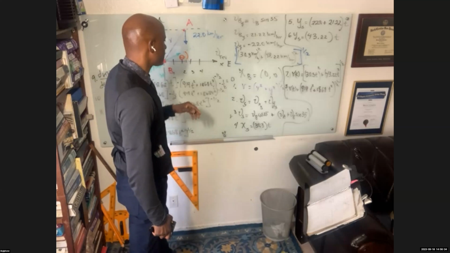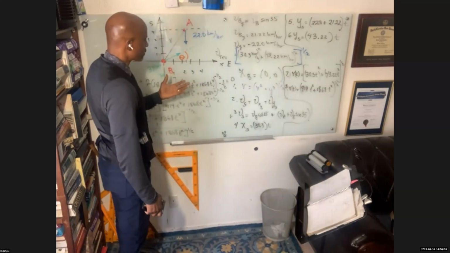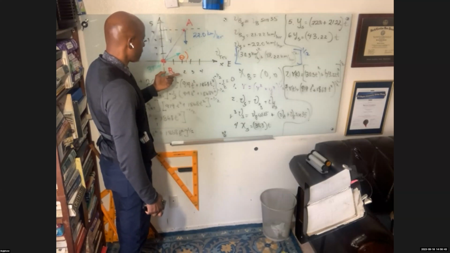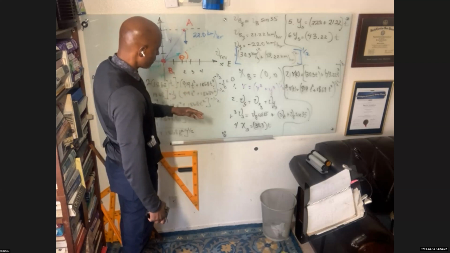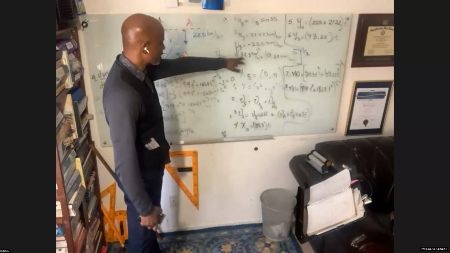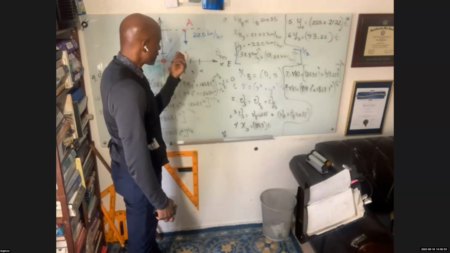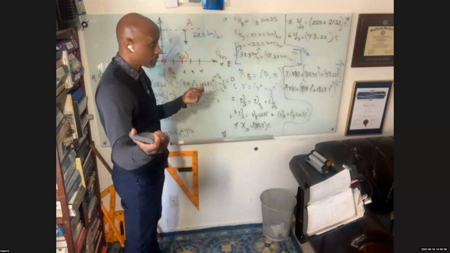So the X component of A relative to B is just going to be this thing, the 30.33. That's the X component. So the X component of the relative velocity is going to be 30.33. That should be the answer for Kimberly.